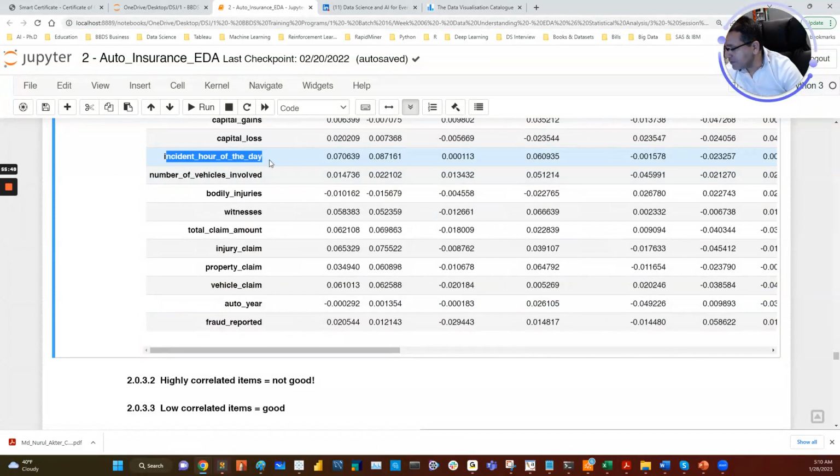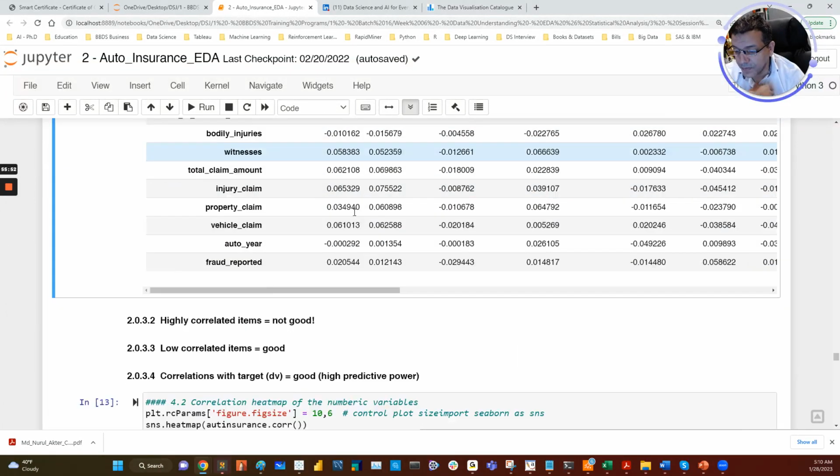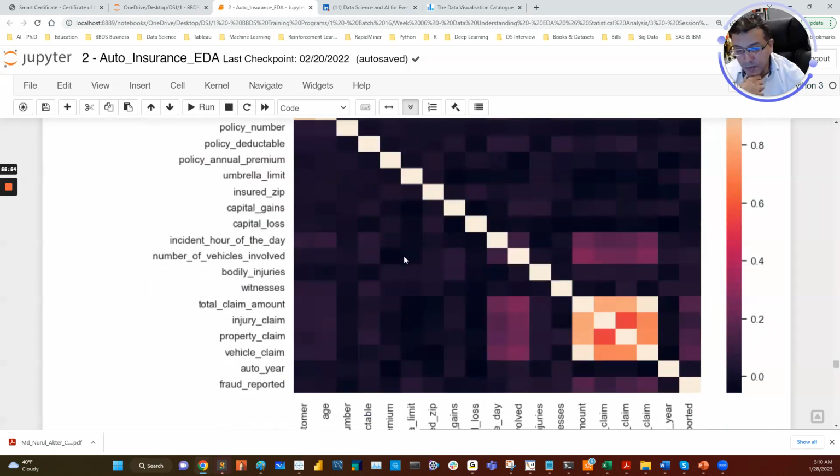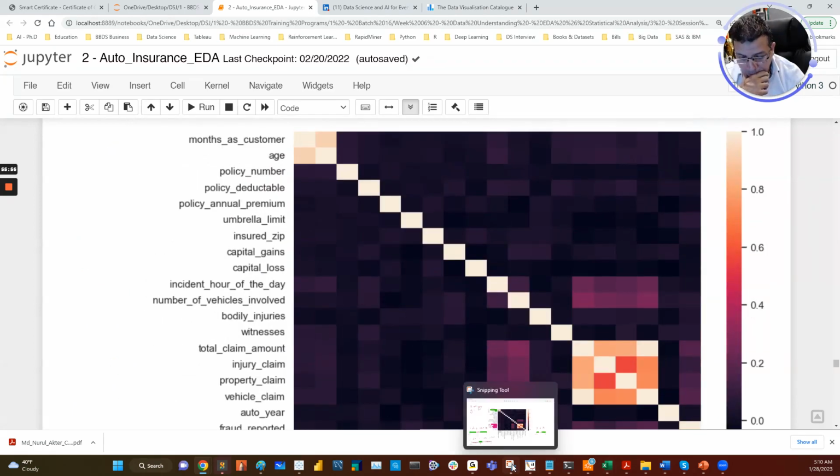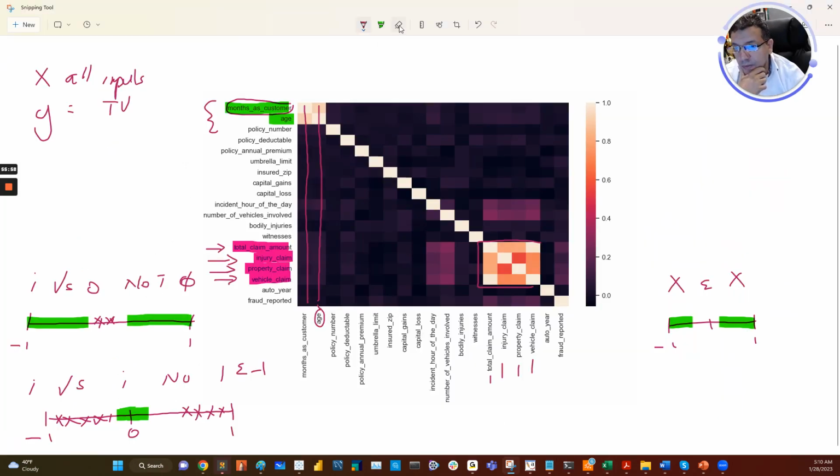So we need to remove any one of these two and any one of these four. I'm sorry, we need to remove one out of these two and one of these four. Which one do we need to keep? We are going to keep the one that has a strong correlation with the target variable. Are you guys clear?